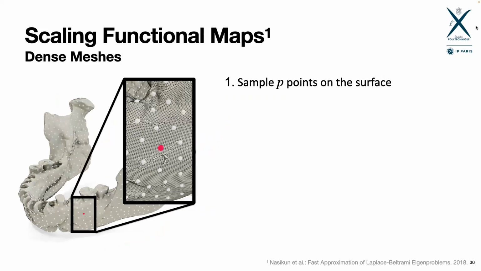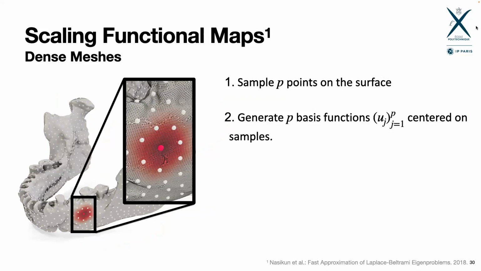And then for every point, you create this kind of basis function, which we could discuss after. You generate some basis functions which are centered on these points. It's a very local function, very natural. It's kind of like if the shape is remeshed, except the shape is not remeshed. You can compute this rather fast if you do some local computation, to be honest. It's faster than you would expect, I guess.